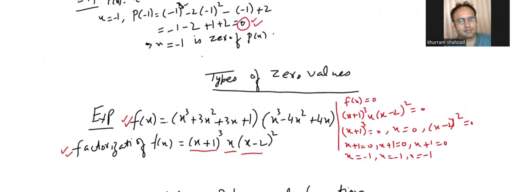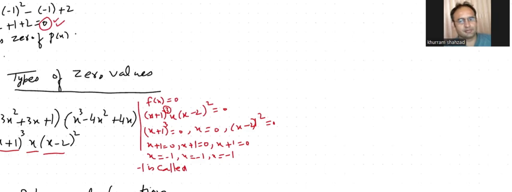Why have we set this x plus 1 three times equal to 0? Due to this exponent. Next, this negative 1 is called a triple value of the polynomial f of x.